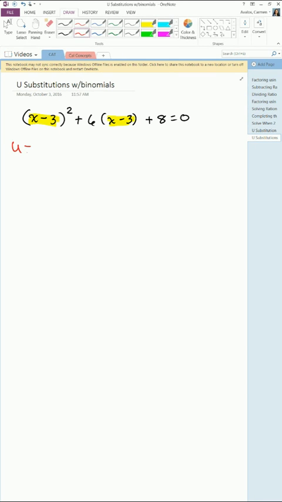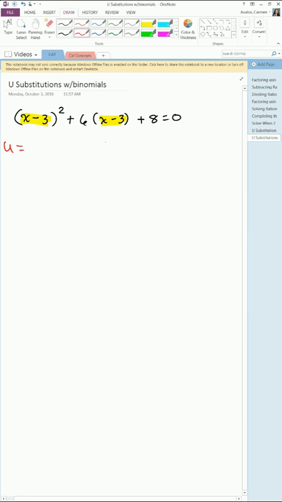Remember, we looked at the middle term, and the middle term gives us x minus 3. So if I square the u, then u squared is equal to (x minus 3) squared. Now I don't have to do all that other work. I can say u squared plus 6u plus 8 is equal to 0.